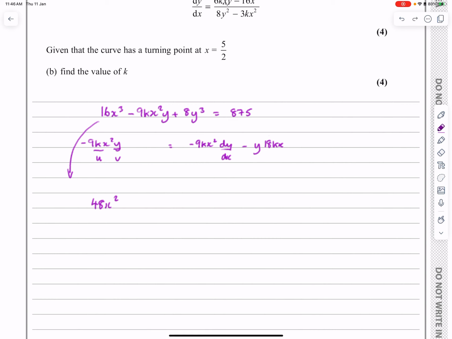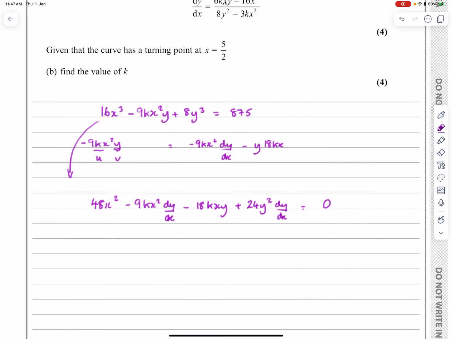So it's going to be minus 9kx squared dy dx minus 18kxy, just rewritten a little bit, and then differentiating 8y cubed, multiplied by the power, take one off the power, 24y squared, but if you have a function of y then it's times dy by dx equals, and then obviously differentiating the 875 is going to be equal to 0 there.